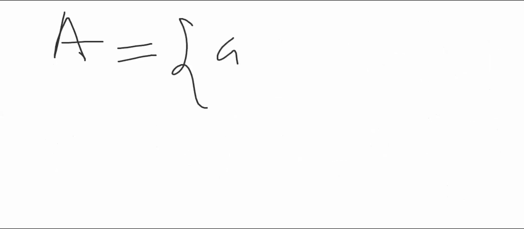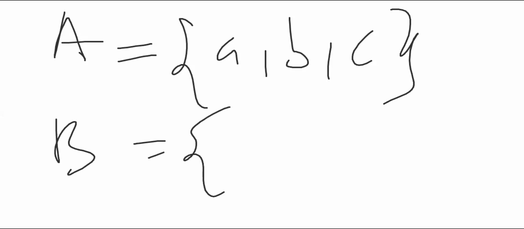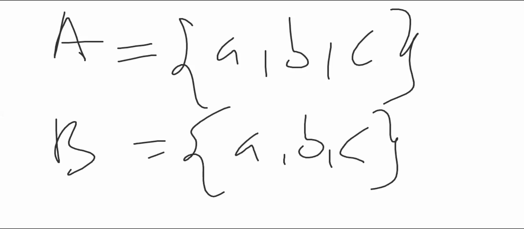Originally, I said the first set was a set A, which is made up of A, B, C, and a set B, which is also made up of A, B, C. Now, I want you to look at these sets properly.